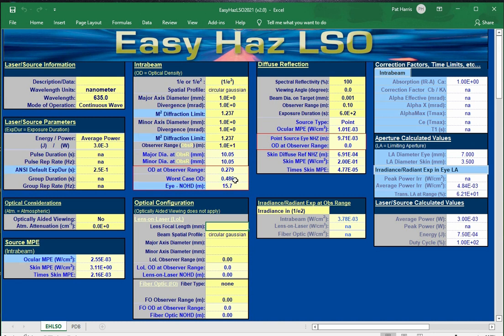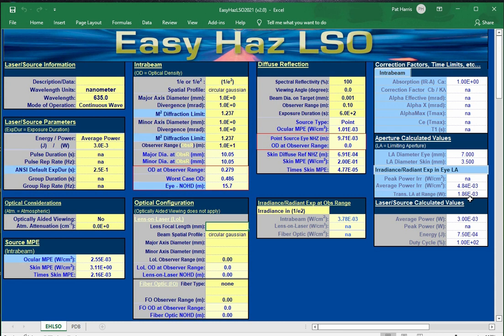All right. So how much power at 10 meters are we pushing through the limiting aperture? Well, you can get that right here. It's 62% of the power passing through the limiting aperture, and if I click right there, I can see that the power passing through the limiting aperture is 1.86 milliwatts.